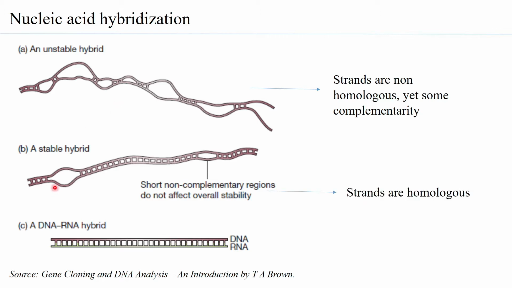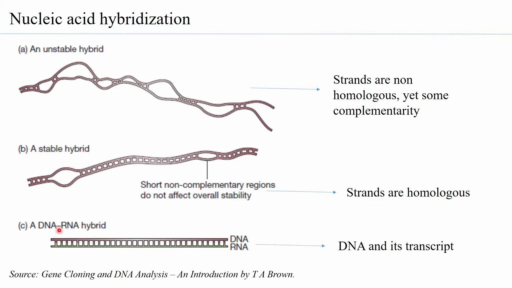When will you have a stable hybrid? When you have a high percentage of complementary base pairs. That means the more complementarity between the two strands, the more is the feasibility of forming a stable hybrid. So you can see if the strands are homologous, then you are able to see highly stable hybrids being formed.